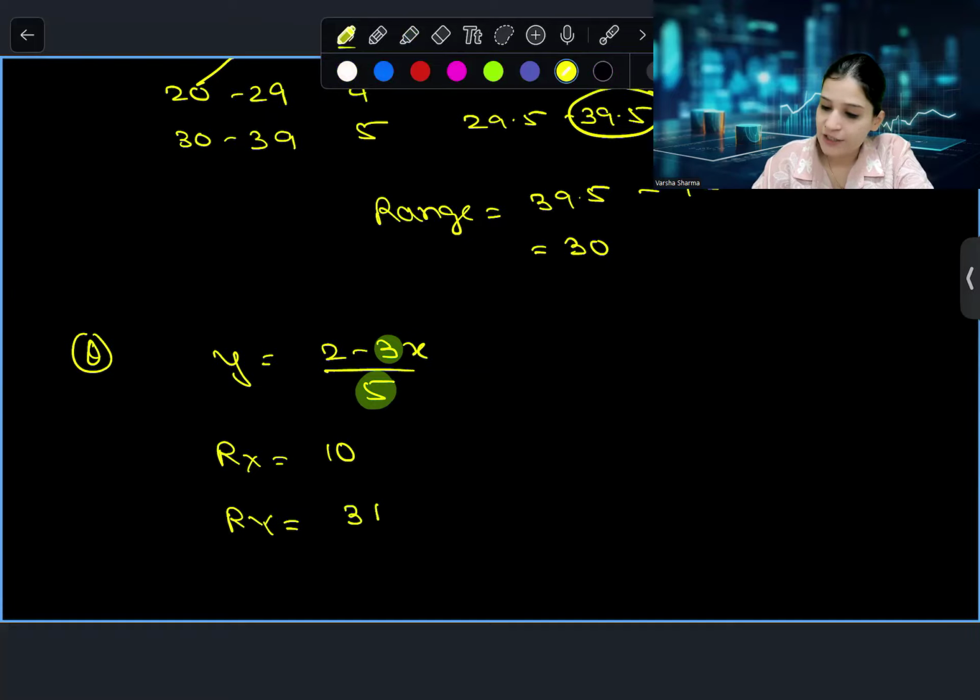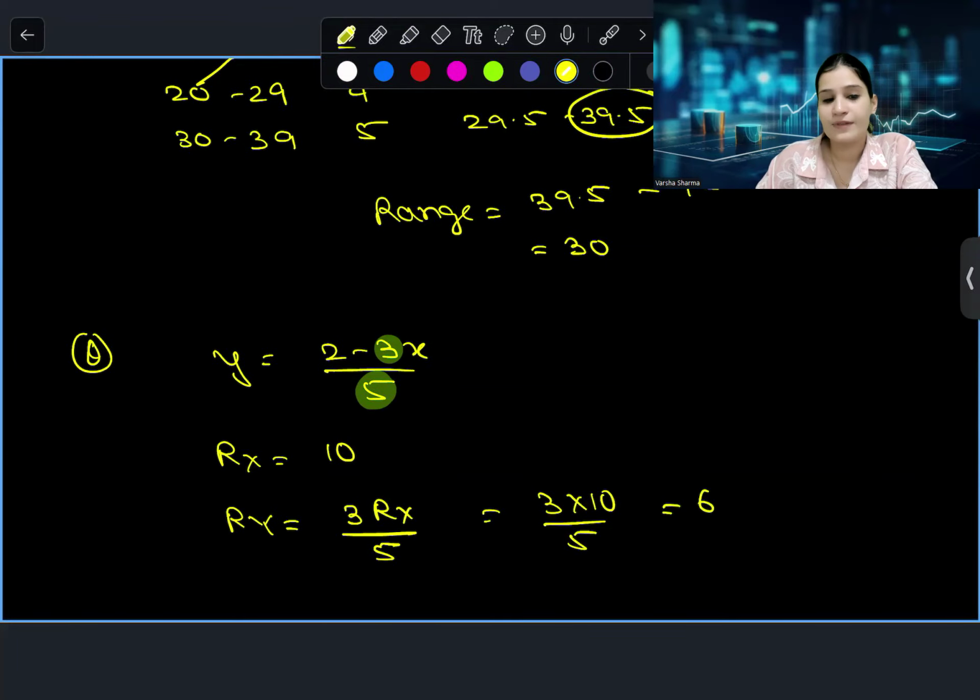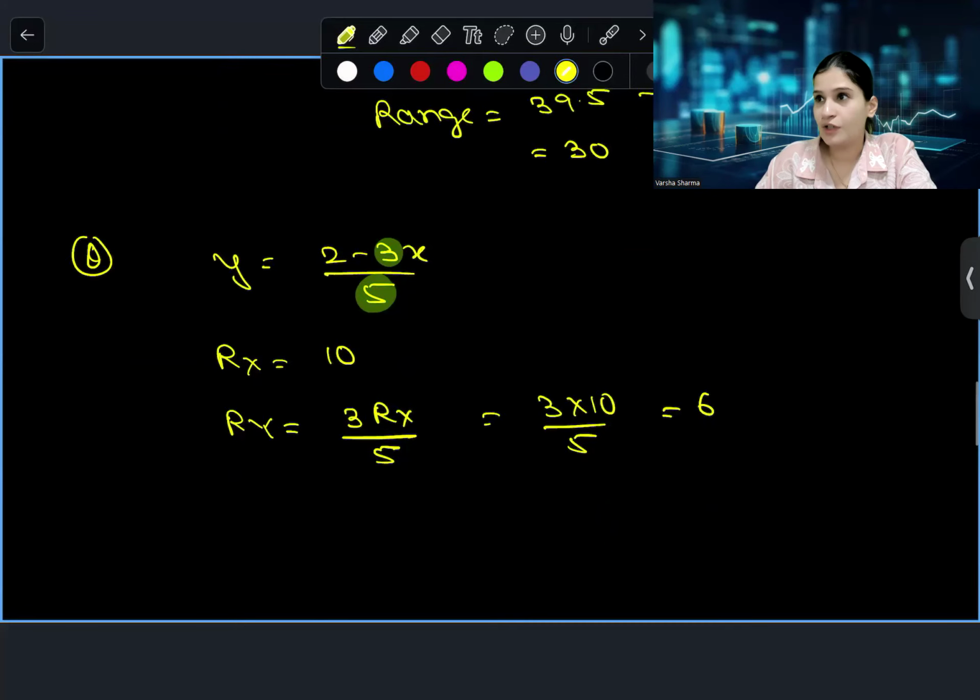So it will be 3 into range of x by 5. So 3 into 10 divided by 5, that is 6. Am I clear? Yes, ma'am. So this is range for us. Any doubts?